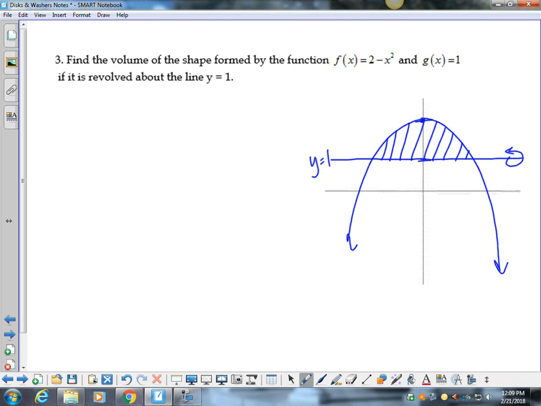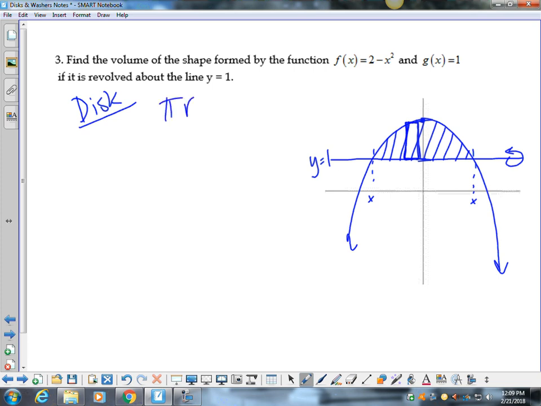It did not give me an integral or a from here to here, so I have to figure out what x values these are so I know what my integral goes to. This is still a disk because when I rotate, again, I'm vertical because my axis of rotation is horizontal. When I rotate this, there will be no gaps.